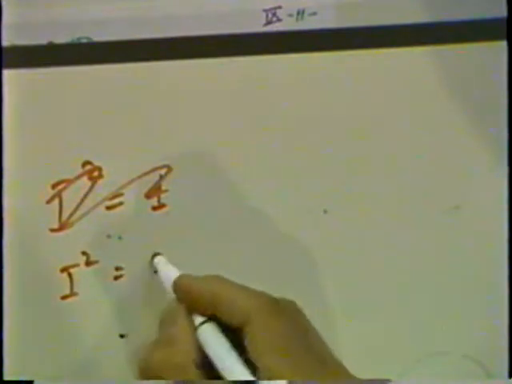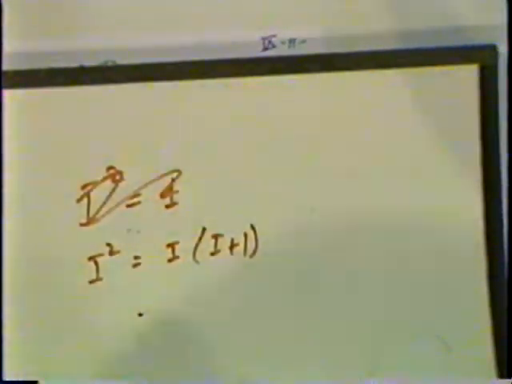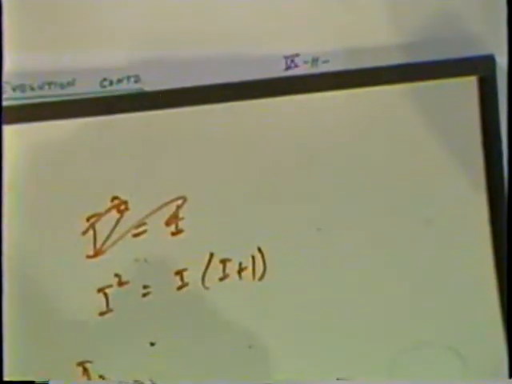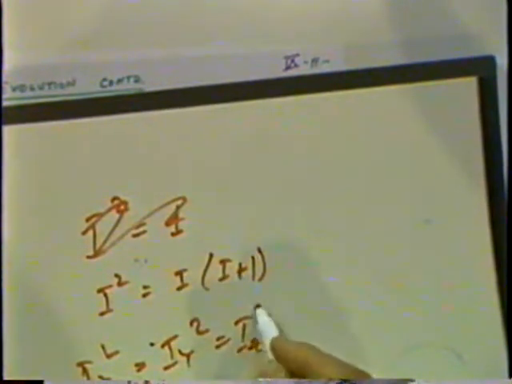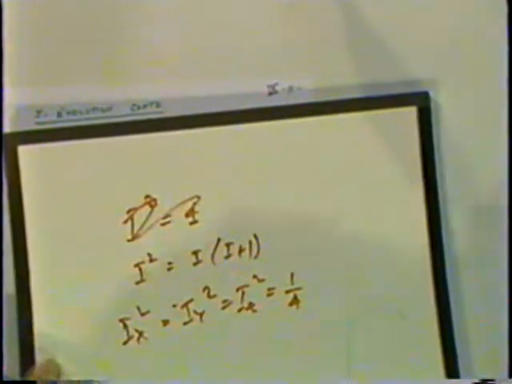Oh, what did I do? Okay, that is the eigenvalue, and so Iz is 1/3 of that, and Ix is 1/3 of that. So Ix square is equal to Iy square is equal to Iz square is equal to 1 by 4. That's it. That's right.